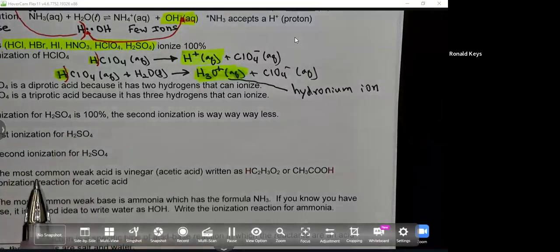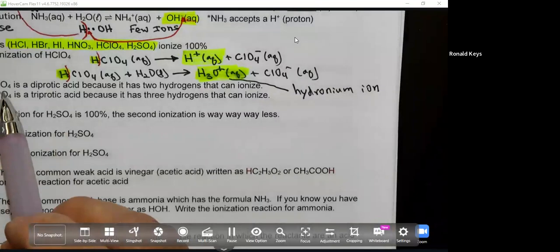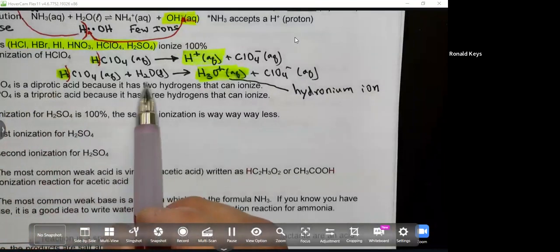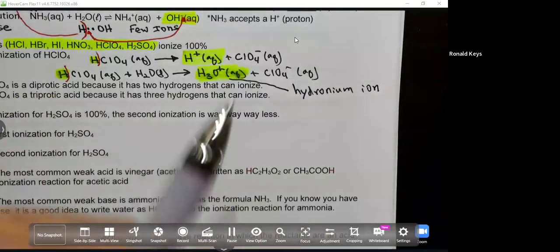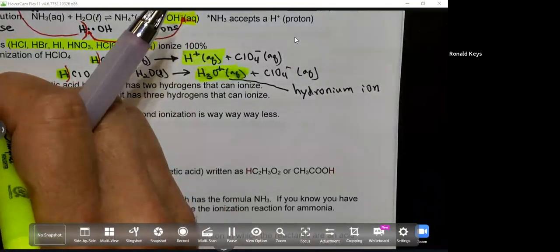Okay. We say that H2SO4 is a diprotic acid because it has two hydrogens that can ionize, two hydrogens that can come off.